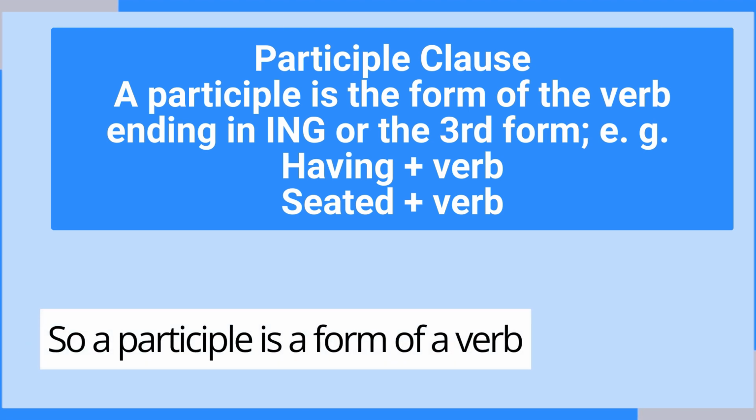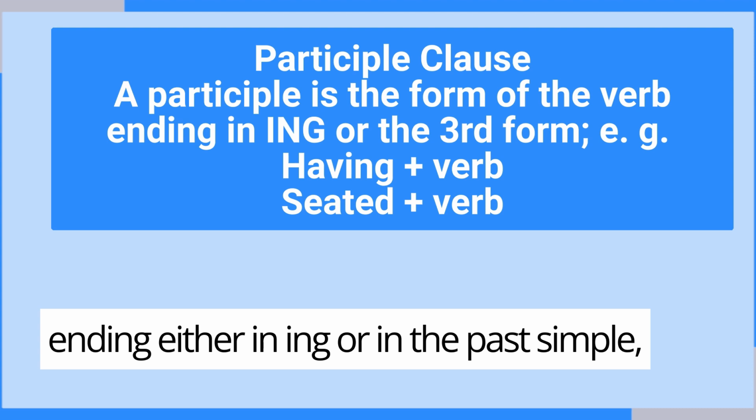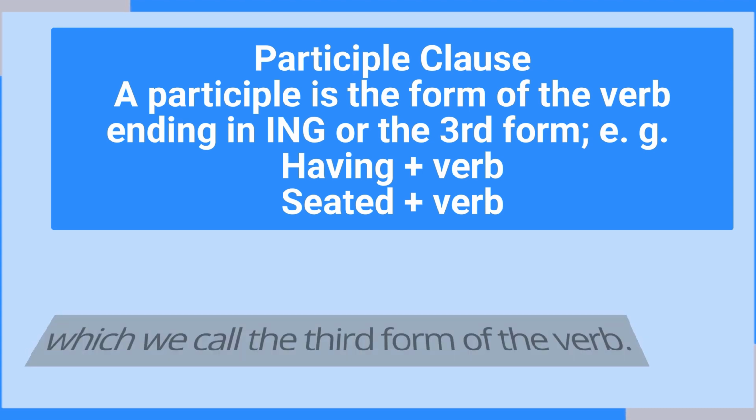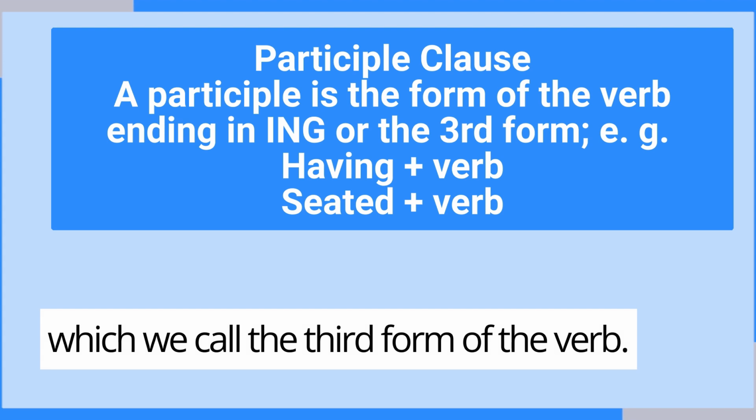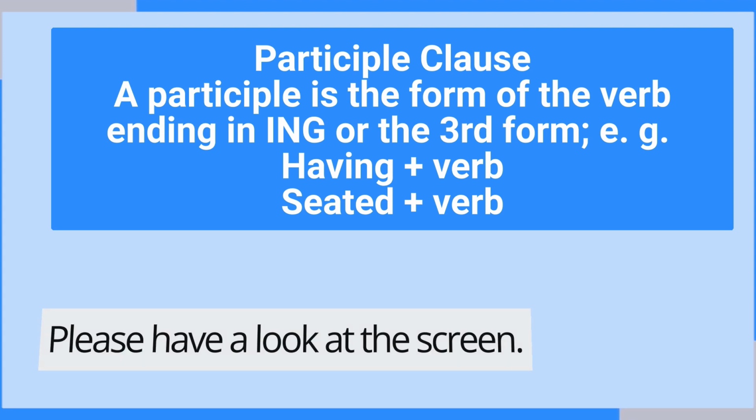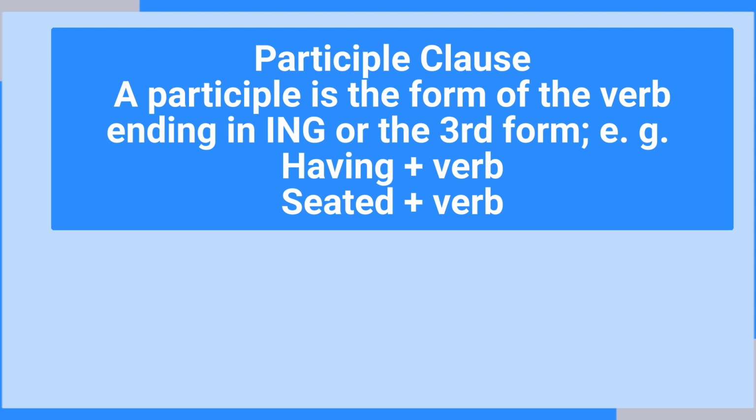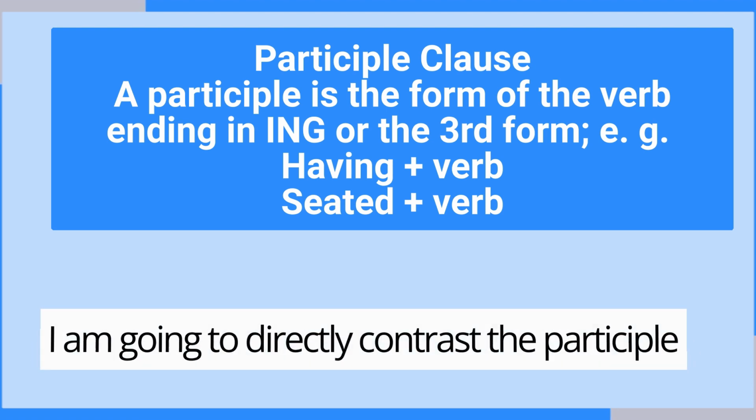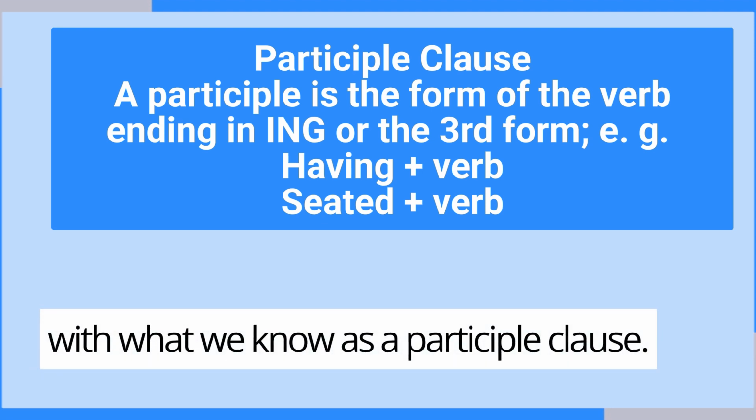So a participle is a form of a verb ending either in ing or in the past simple, which we call the third form of the verb. Please have a look at the screen. I am going to directly contrast the participle with what we know as a participle clause.